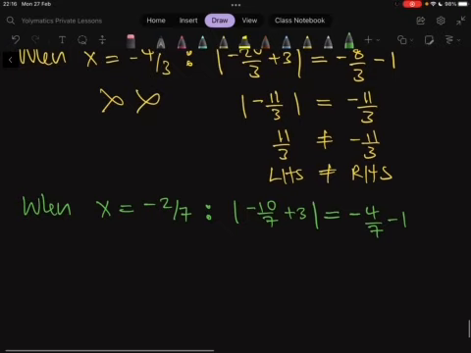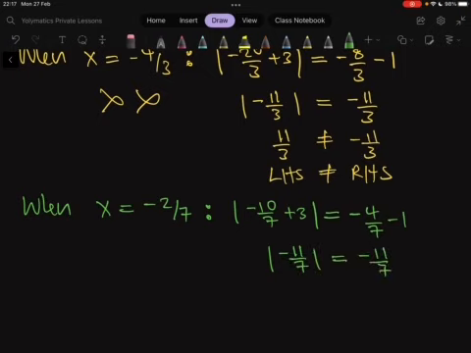And then when we simplify, we see that we'll have here negative 11 over 7, and here negative 11 over 7.